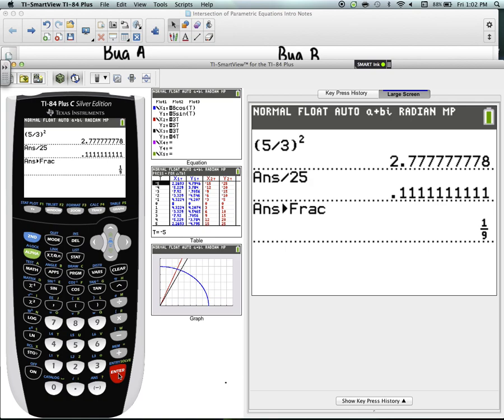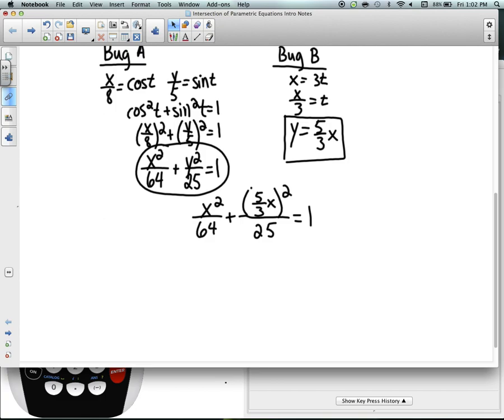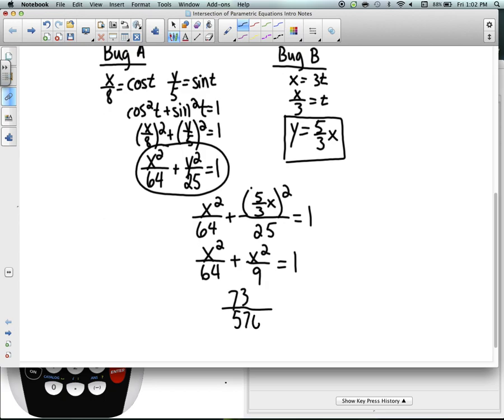So we still have what looks like an ellipse equation. But now if you add 1/64 to 1/9, you're going to get 5776 over 73. And then if you just flip that and take the square root of 5776 over 73, you're going to get x is about 2.81.